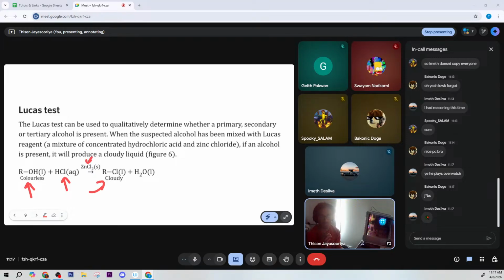So the observation is that it gets cloudy, and this is the underlying chemistry which causes it. This is able to determine if we have an alcohol present. It's less specific than our dichromate test because we don't know if it's a primary, secondary, or tertiary, but it allows us to determine whether it is an alcohol. From there, we can do other tests to figure out if it's a primary, a secondary, or a tertiary alcohol. Does that make sense for everyone? Is that all good?